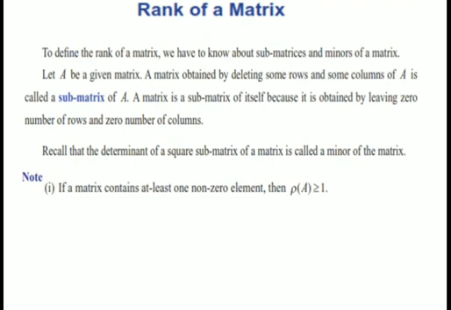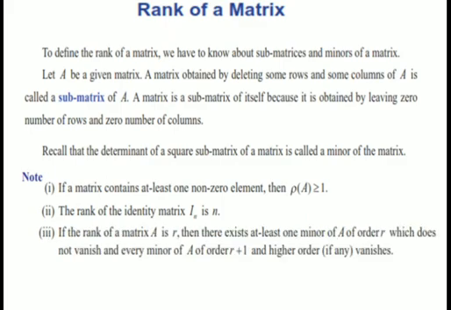Note, if a matrix consists of at least one non-zero element, then rank of A is greater than or equal to 1. The rank of the identity matrix In is n. If the rank of matrix A is r, then there exists at least one minor of A of order r which does not vanish, and every minor of A of order r plus 1 and higher order, if any, vanishes.